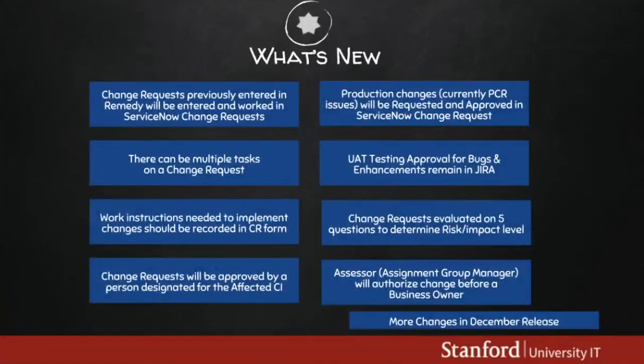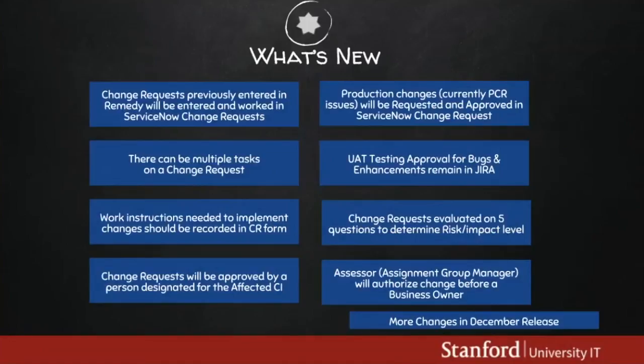So there are some similarities with what's new for change to a problem. Change requests that have been previously entered into Remedy are going to be entered and worked in ServiceNow. Any production changes, currently your PCR issues, are going to be requested and approved in ServiceNow change requests. There can be multiple tasks on a change request, just like there is with problem.